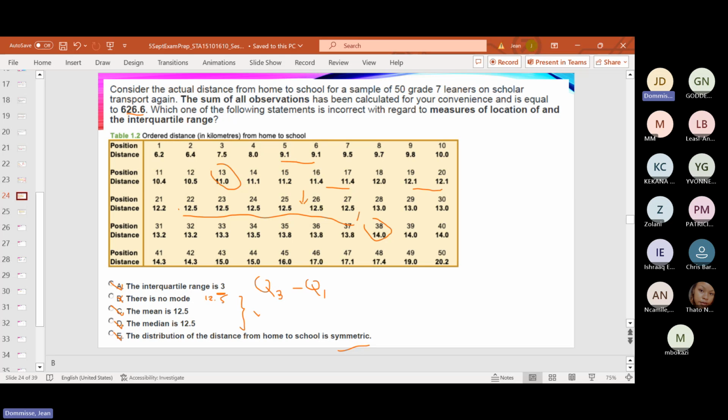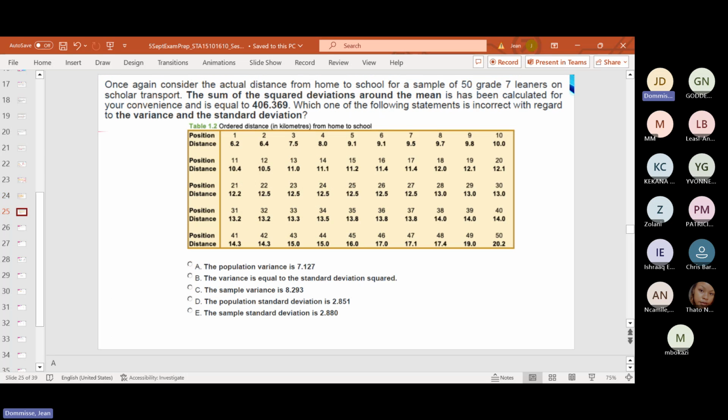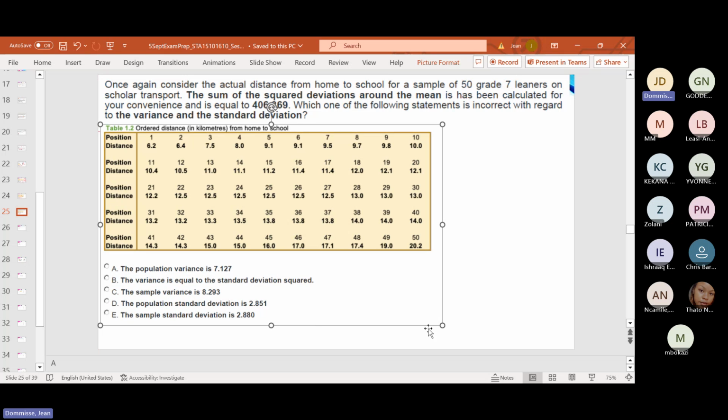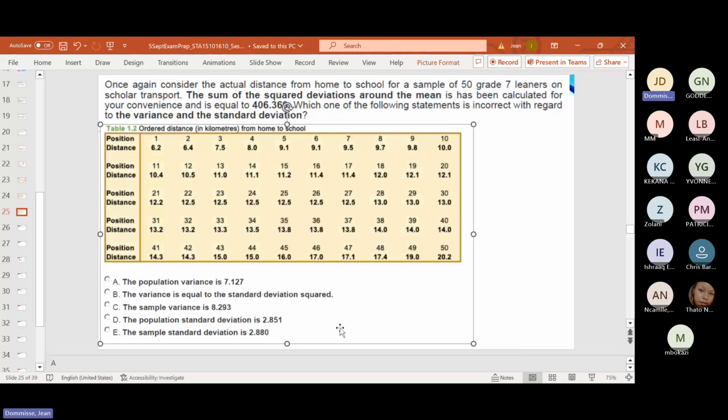So the logical next question will probably be something to do with standard deviation and variance. Okay, so here you can now see that that is how they went above it or about it.